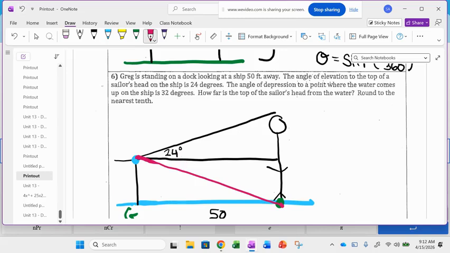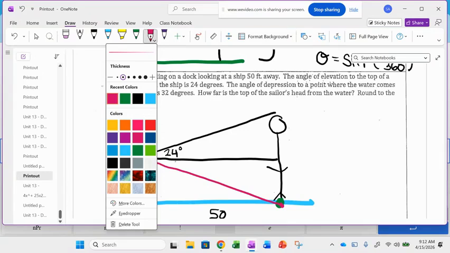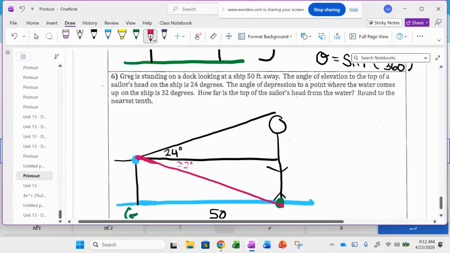Is it okay that I have the same horizontal line for both the angle of elevation and the angle of depression? Yes, it's absolutely okay. So the bulk of this problem, the drawing of this problem, is finished. We got the hard part done.